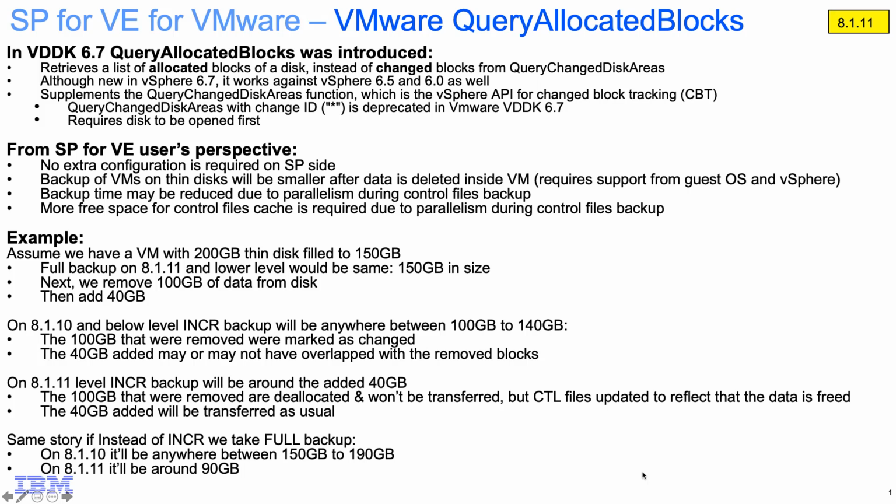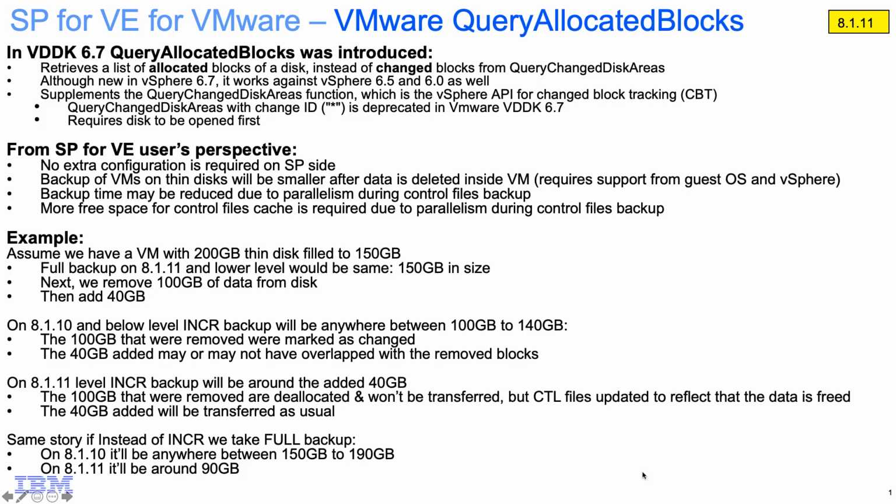And what this feature is going to allow us to do in version 8.1.11 is to reduce the amount of data that is being backed up using Spectrum Protect for VE and CBT using this CBT vSphere API.